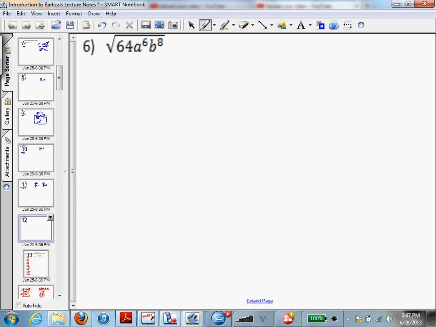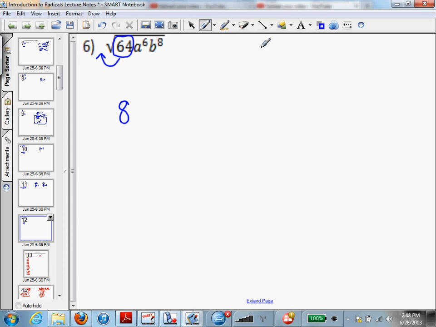And for our final example, we have 64 times a to the 6th power times b to the 8th. Remember, that's all being taken to the square root power. What we want to do is first have our 64 come out of the radical as 8, because 8 times 8 is 64, or 8 squared is 64.